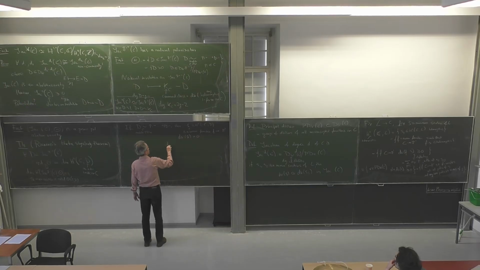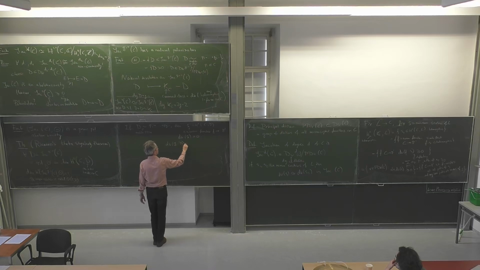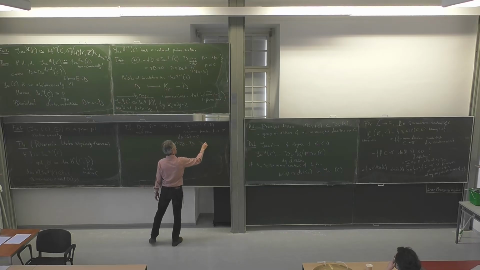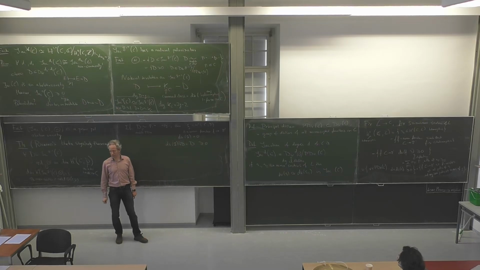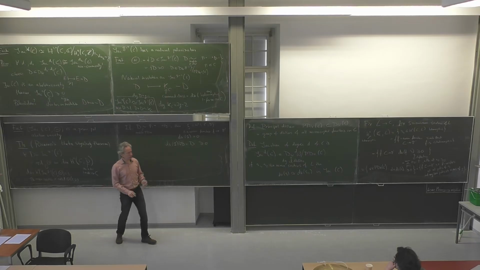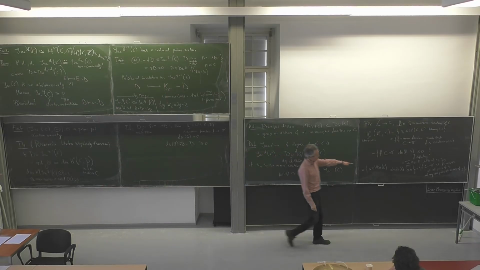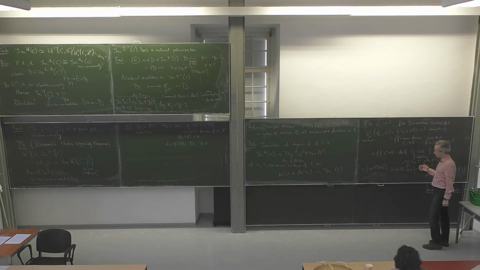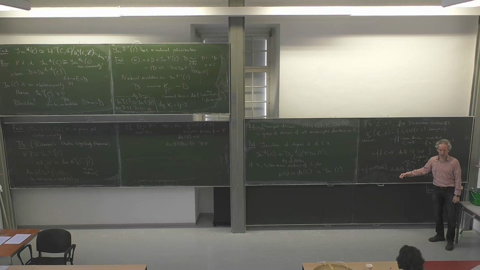So the divisor of 1 plus D is D, which has all coefficients non-negative, right? This is a tautology. All I'm saying is that imagine I started with a divisor D which was already non-negative, all coefficients non-negative. Then if I just take nothing here, this is satisfied. So the function 1, I can interpret as a holomorphic section of the corresponding line bundle.